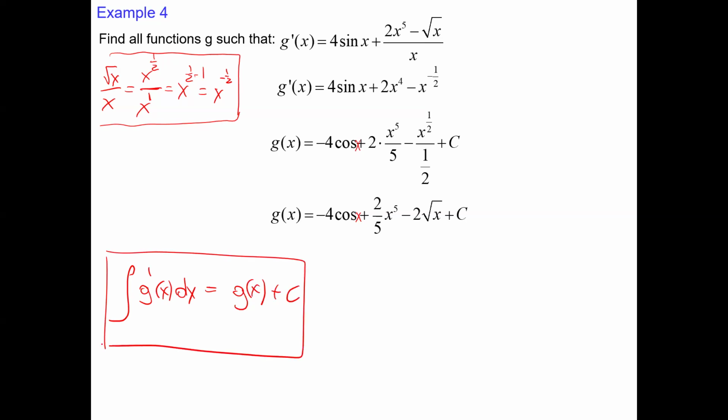That's what we did. We basically integrated, but I didn't use the integral notation. We may also notice integration and differentiation are inverses of each other. They cancel out. It's just g of x.